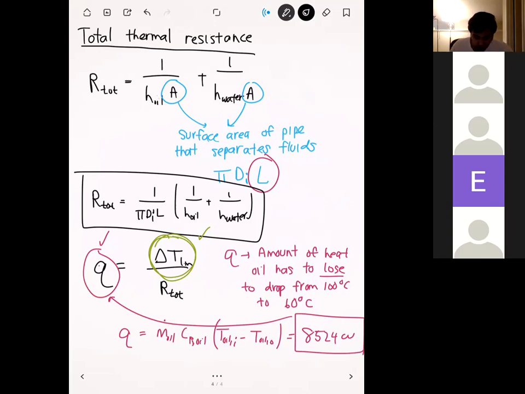Okay. And so now that we have this Q value, we can actually use this Q value to compute the outlet temperature of the water as well.